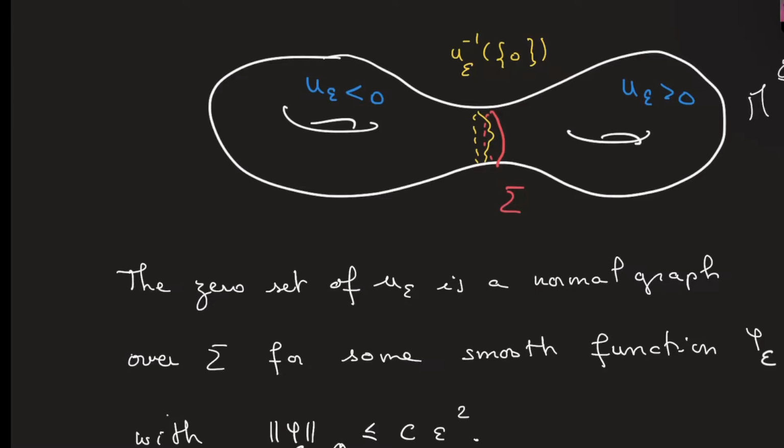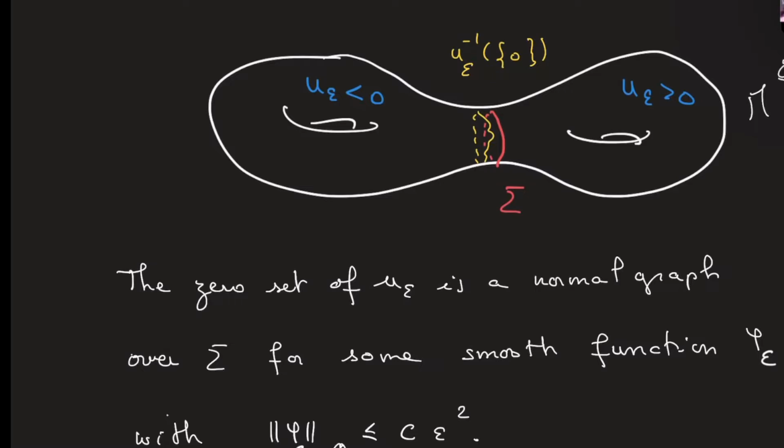But basically the idea is that you're going to look for a solution whose 0 set is a normal graph over your minimal hypersurface, for some smooth function, and in fact, it turns out that if you do all the analysis, basically the smooth function is extremely small. And for example, it has L infinity norm of size epsilon squared, as epsilon tends to 0.